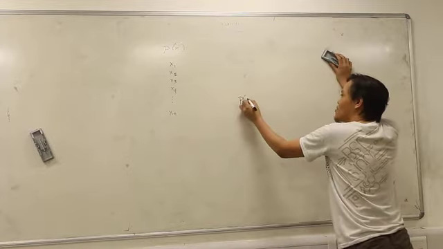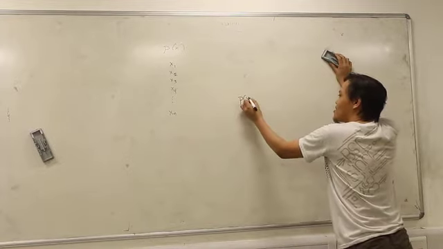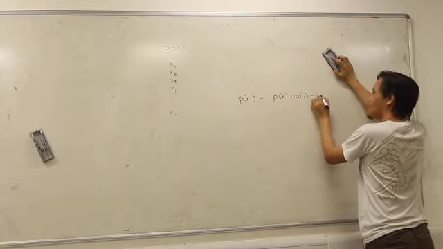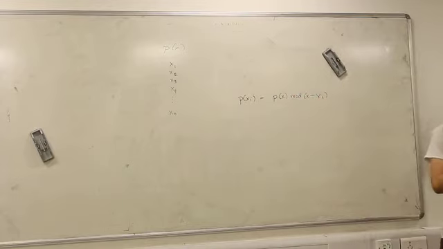Let's say you want to compute p of x sub i. Then this is just p of x mod x minus x sub i. Is that correct? Why?